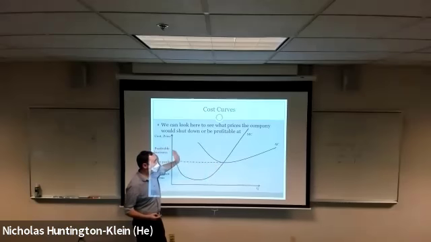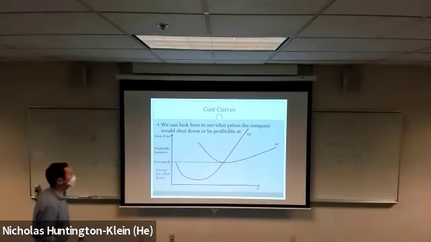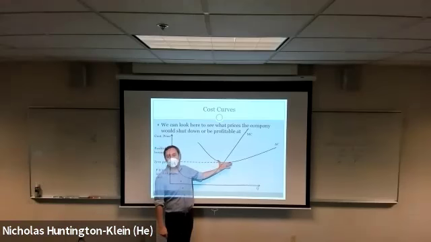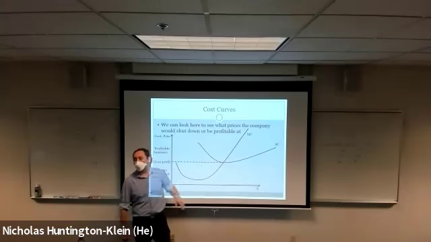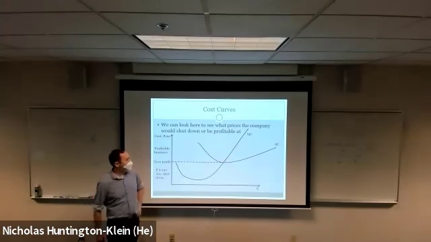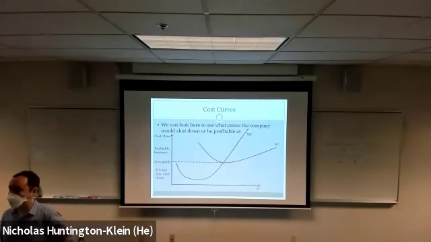So when the price is at that exact spot where these two cross, that's when we get 0 profit. Which means that as long as the price is above that point, we're making profit, right? So as long as the price is above this little cup at the bottom, we're going to make a positive profit. If it's below that, we're going to have negative profit. Negative profit is probably a good indication that that business will shut down and go do something else instead.